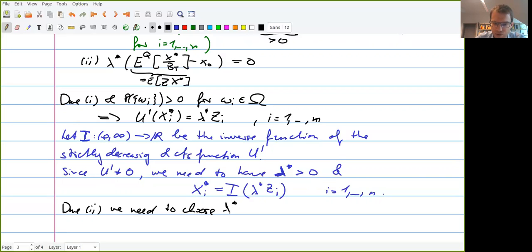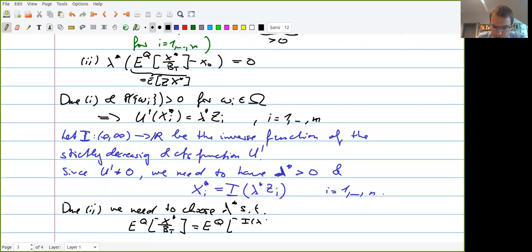We need to choose lambda star such that here our linear constraint is fulfilled. We know what x star is, so we can plug in here.